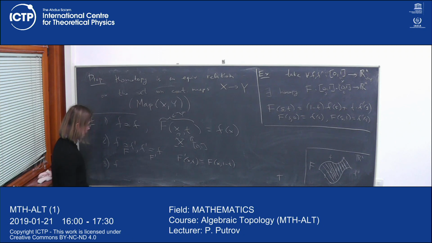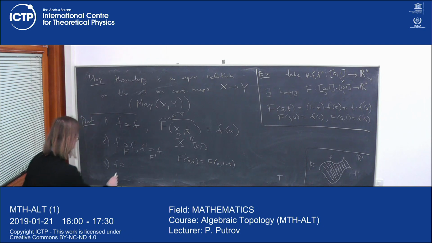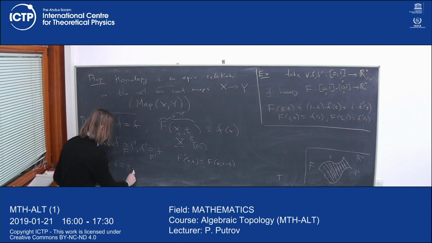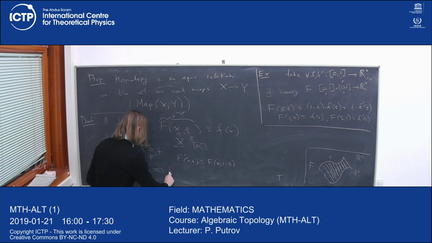And third, we want to show transitivity: if f is homotopic to g and g is homotopic to h, then f is homotopic to h.